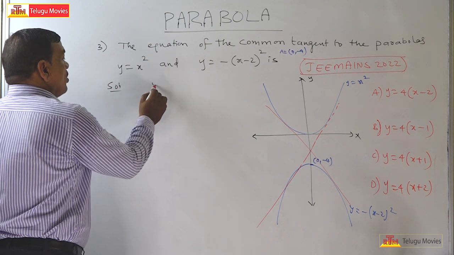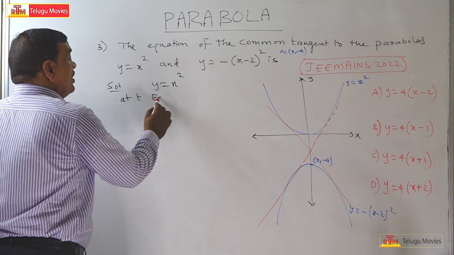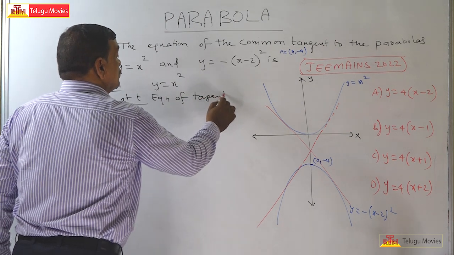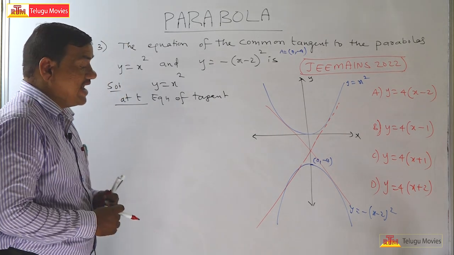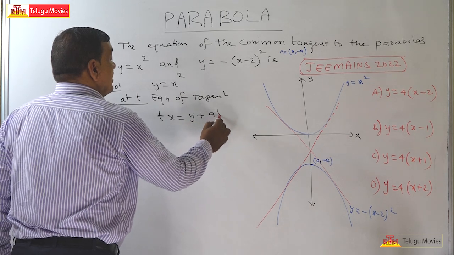The first parabola is y is equal to x square. At t, the equation of the tangent is, remember, for y square is equal to 4ax, the tangent equation is ty is equal to x plus at square.